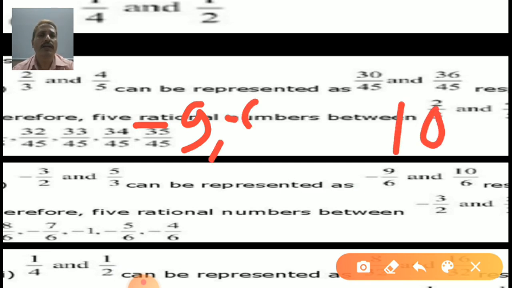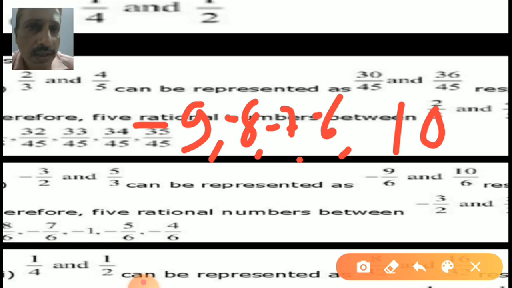Suppose you can say minus 8, minus 7, minus 6, and so on. Countless we can make, but for your understanding we write only 5. No need to multiply further. My answer is minus 8 upon 6, minus 7 upon 6, minus 5 upon 6, minus 4 upon 6. Khatam.